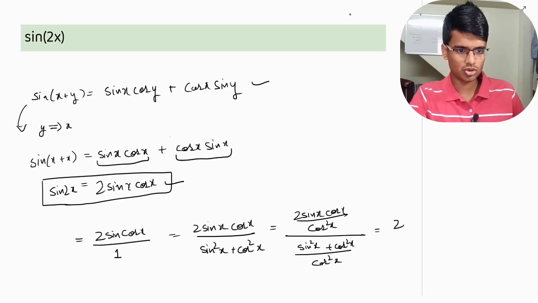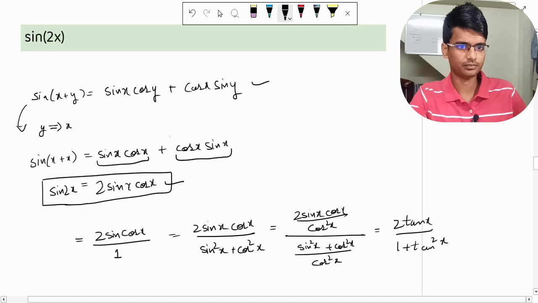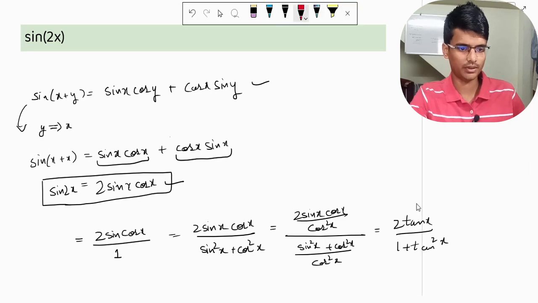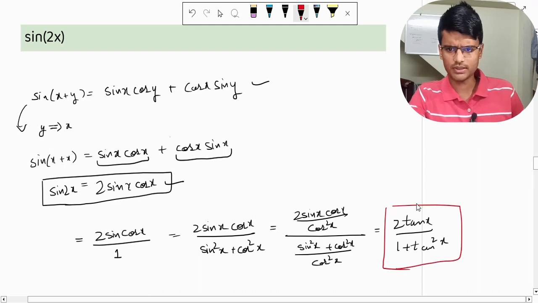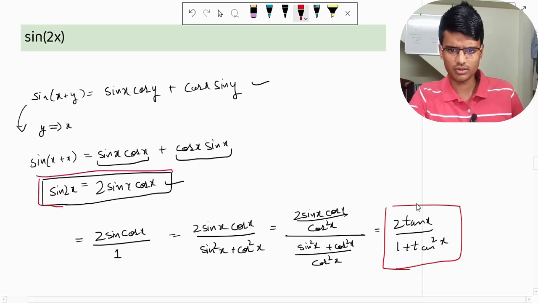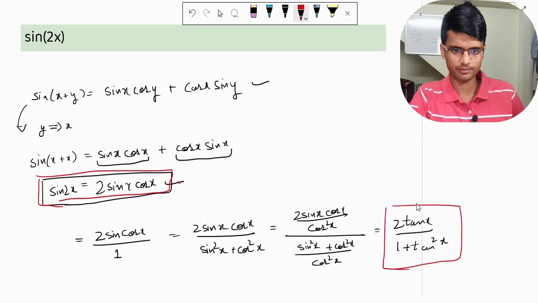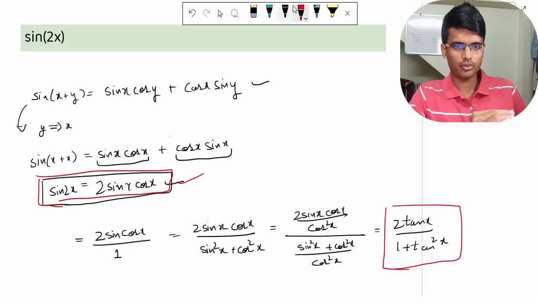So I'll get 2 tan x by 1 plus tan square x. This is another formula that you need to remember. This is how you can derive the formula, very important. Okay, moving on.